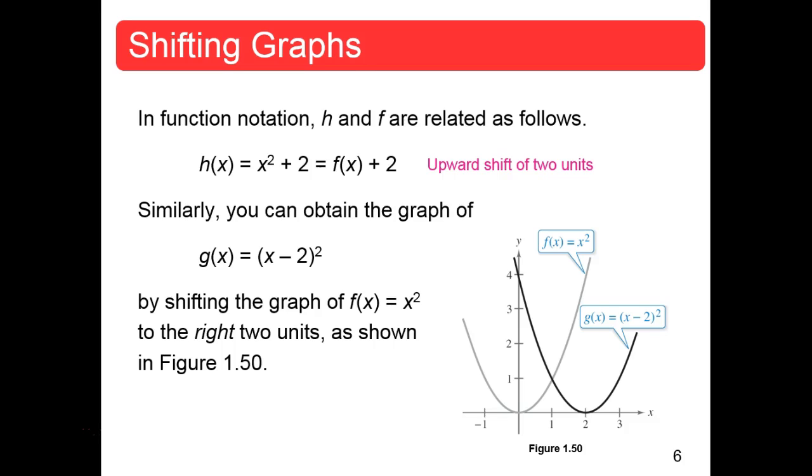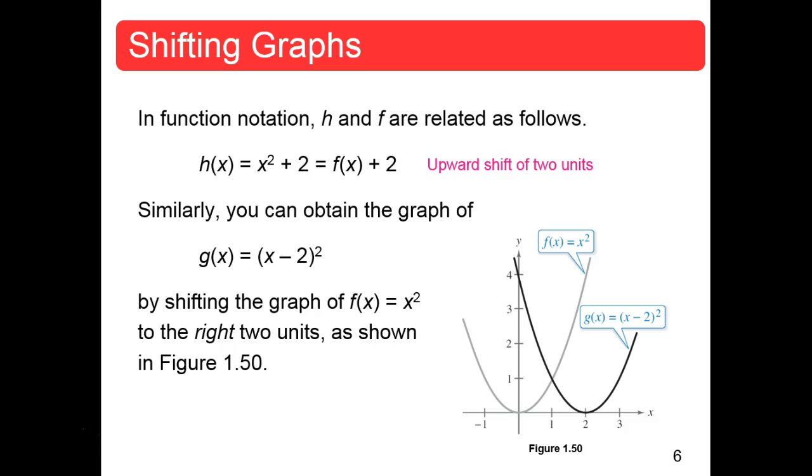If that was just the parent function, what would be the origin, the x-intercept? 0, 0, right? Well, where is this one equal to 0? Not at negative 2, but at positive 2. Put a 2 in here. 2 minus 2 is 0. That moves this way. So sure enough, that's a right shift, even though it's a minus sign. With the x's, you always go opposite what the sign is.